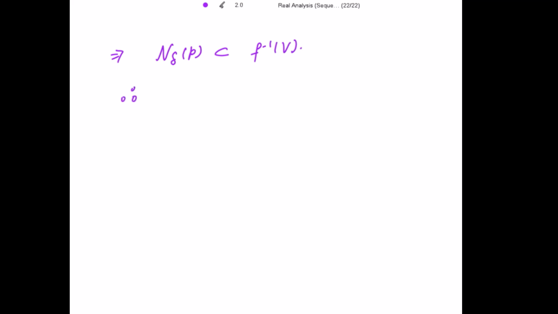So therefore, because the neighborhood of P is a subset of f inverse V, and when the neighborhood of a point is a subset of some set, then that point becomes an interior point of that set, P is an interior point of f inverse V. But P was arbitrary.